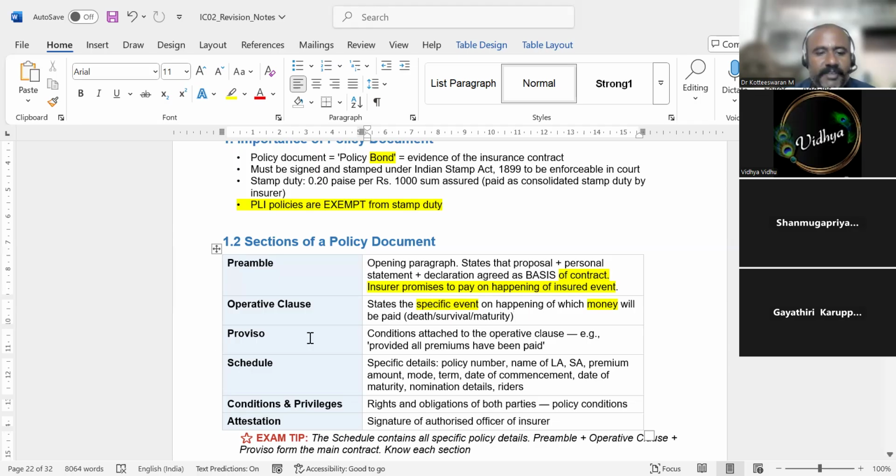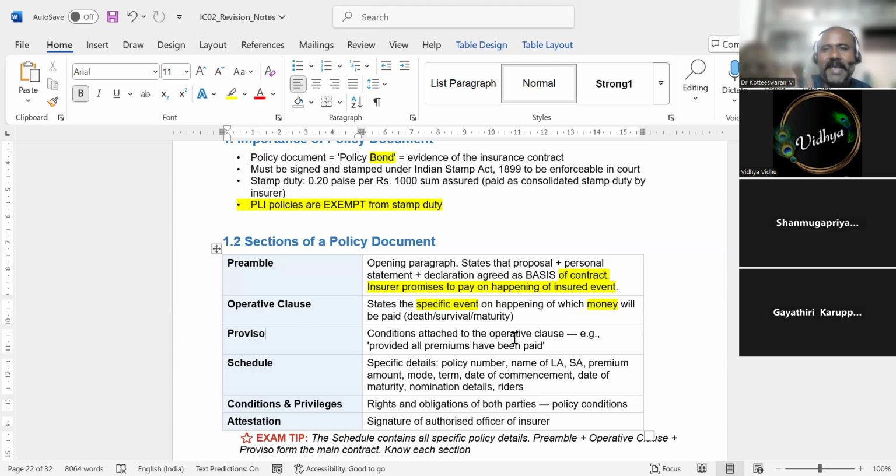Then we have the proviso. Proviso is the conditions attached to the operative clause. They cannot give you money back without some condition. So what are the conditions under which I will pay the money? The main condition here is the premium.